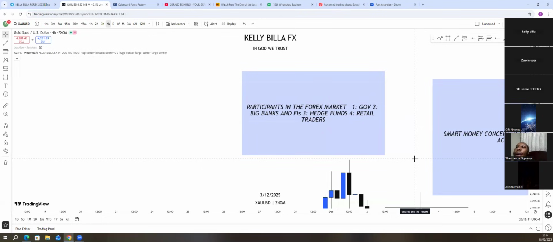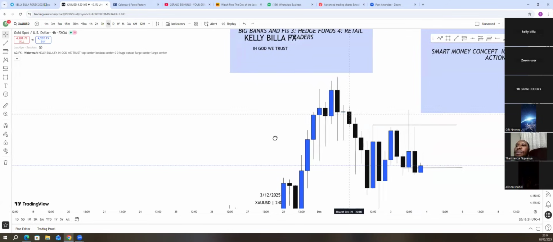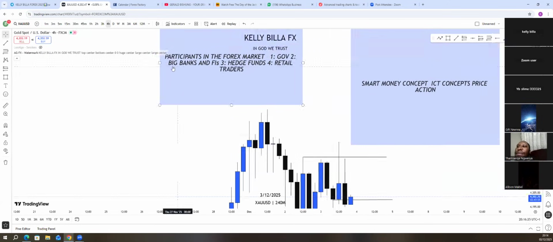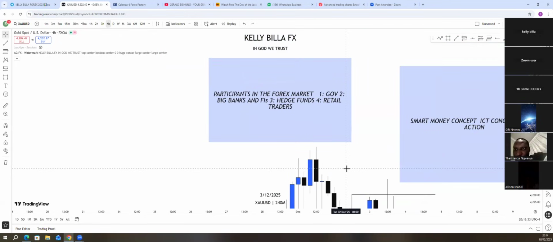And retail traders here are the least people who have information about what the market will do or how it will react, unless they use their eyes. So you are a retail trader. If you don't know how these other guys work, I'm so sorry to tell you goodbye. Your career ends because you will lose money in this market till you say forex is a scam.